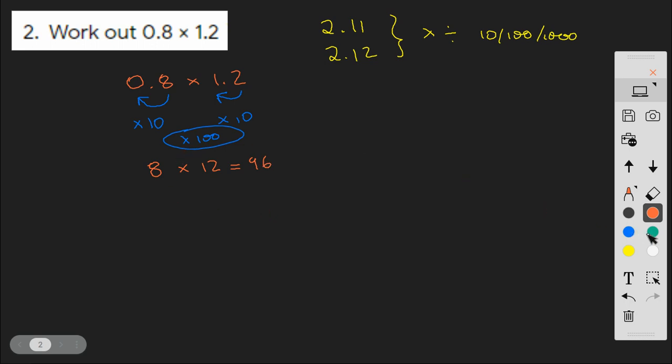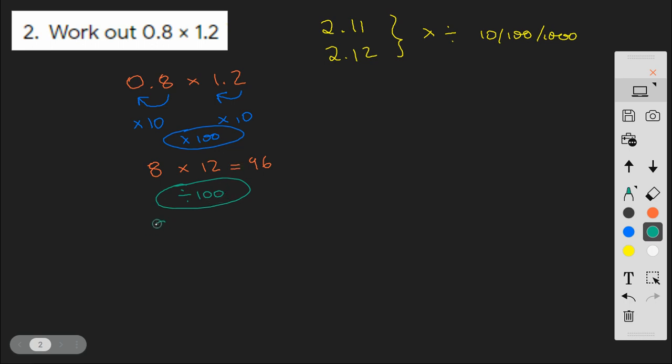So I now need to reverse this process here, and I'm going to do the inverse operation of multiplying by 100, which is to divide by 100.